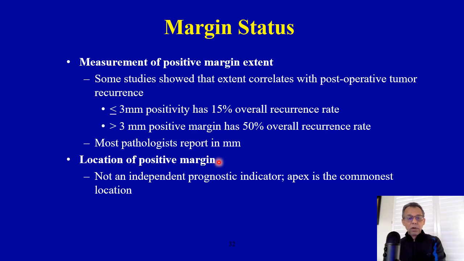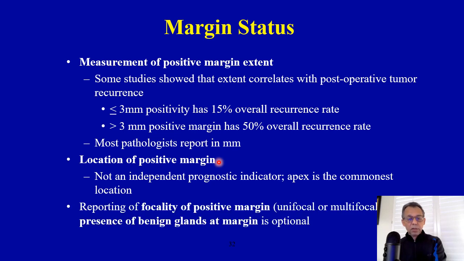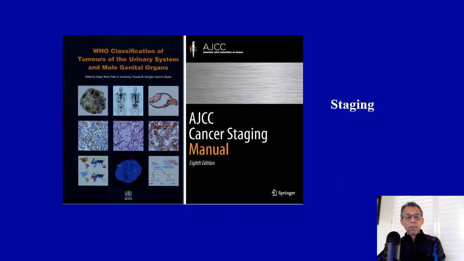So again, providing all this information is critical in the pathology report. You can also provide the focality of the positive margin, whether you are dealing with a unifocal or multifocal positive margin. If there is a presence of benign gland at the margin, providing that information is optional.